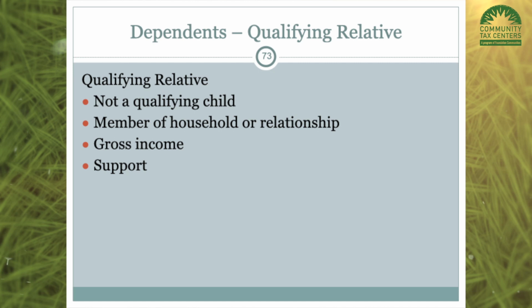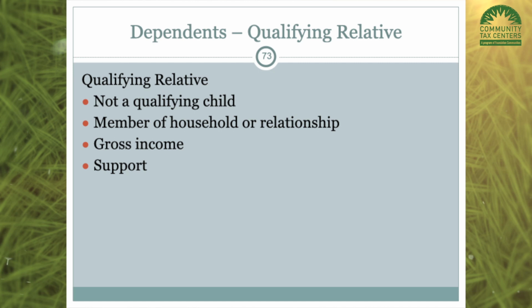So who is considered a qualifying relative? They cannot be a qualifying child, because that means we would then select them to put them down as a qualifying child. They have to be a member of household or relationship.